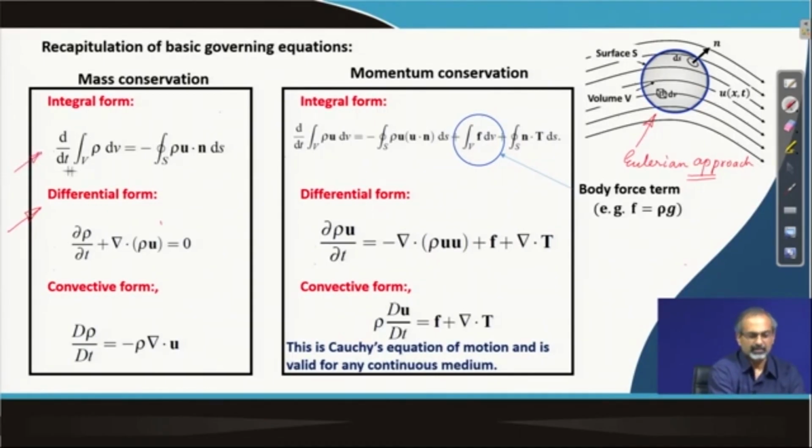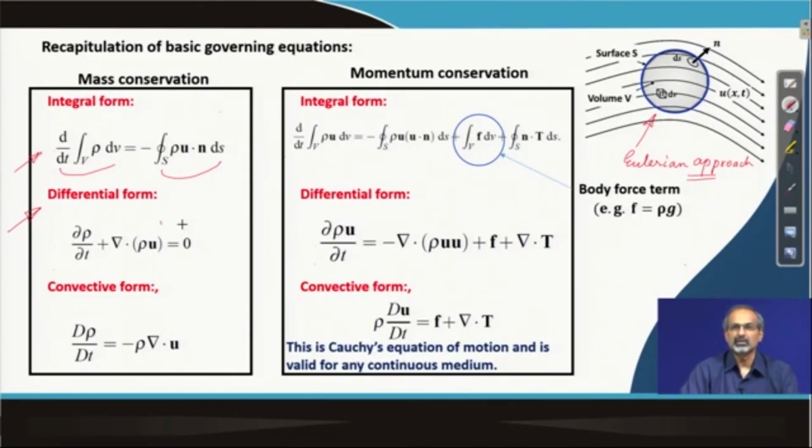That talks about the time rate of change of mass within that control volume, and then the right hand side of the equation talks about the mass flux across the surface. So, when the sum of the two effects is equal to 0, you have the influx of mass balanced exactly by the outflux of mass.